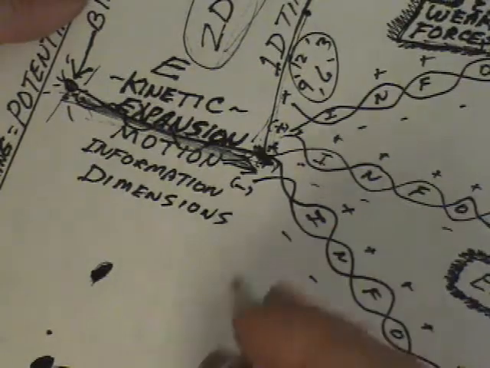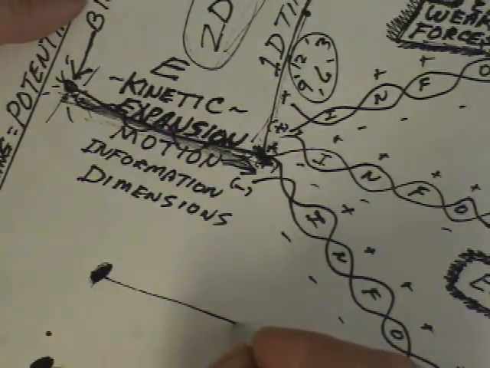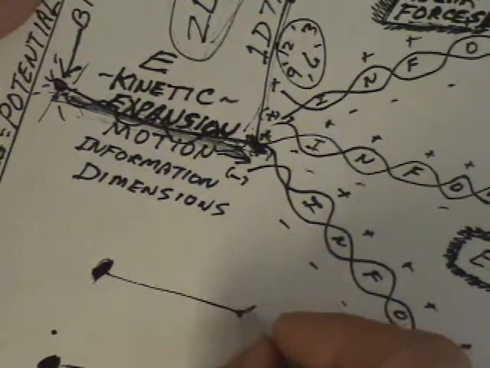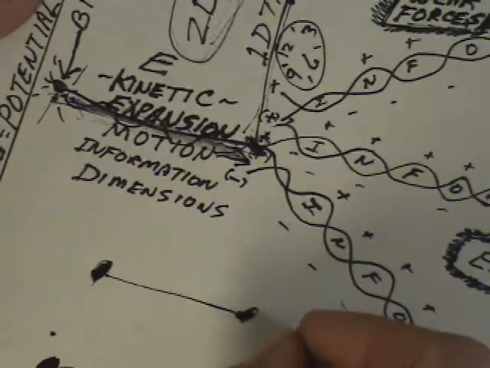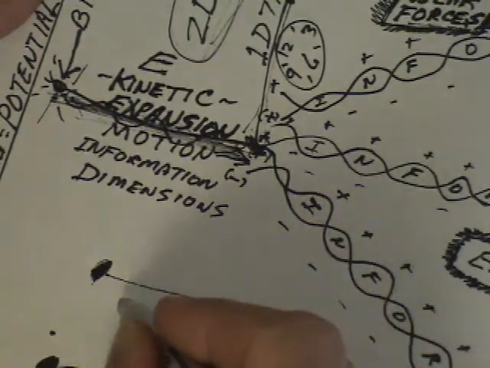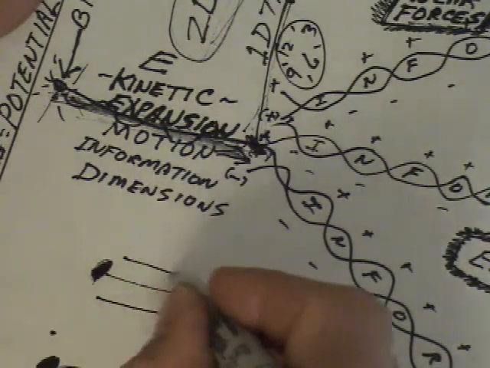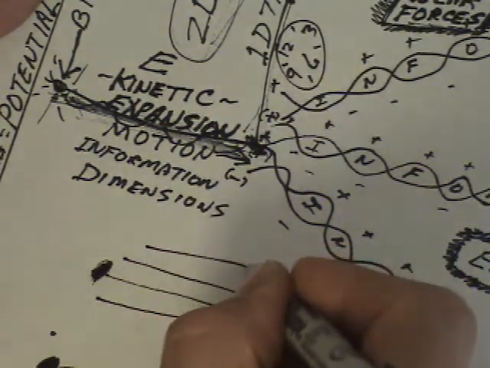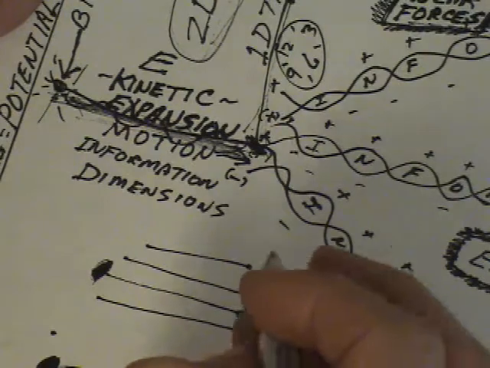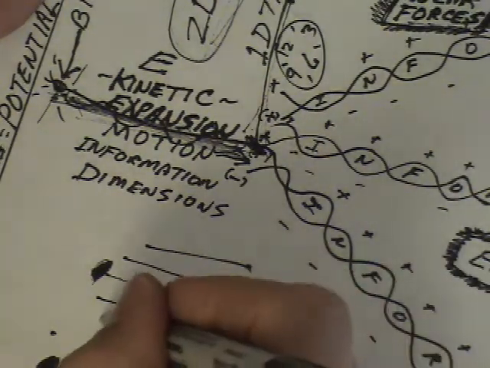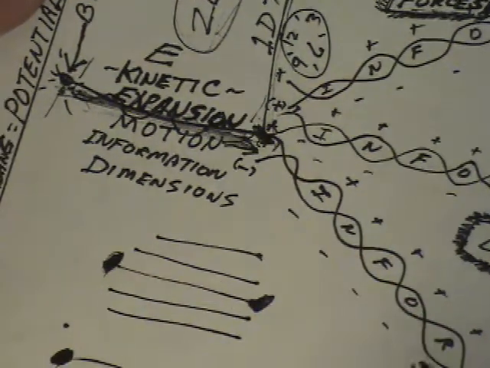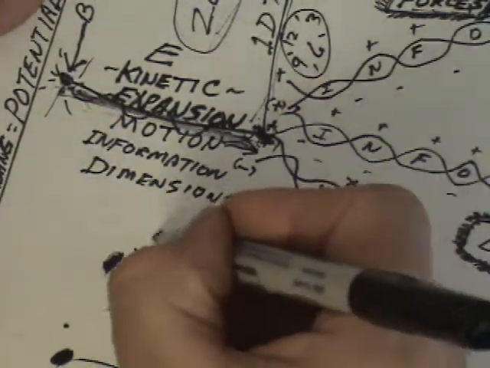There isn't any motion. There's no motion from here to here. That's 2 points. There's time, relative time. There's dimensions, expansion of the Big Bang, and kinetic energy. It's all right in there. 2 points.